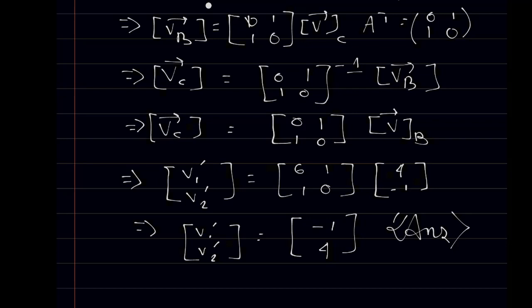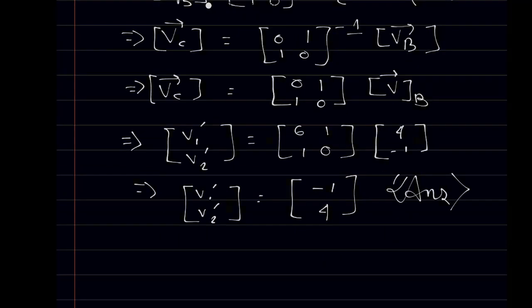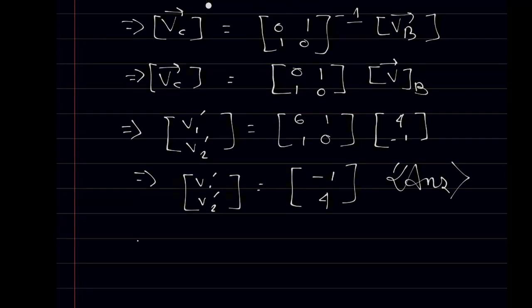Now, as Bikram asked yesterday, what about changing your basis between different vector spaces? Consider you have a particular map that takes your basis from R3 to R2.